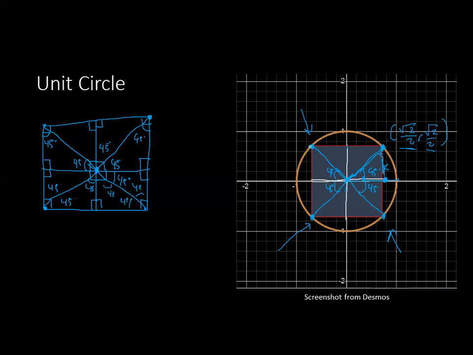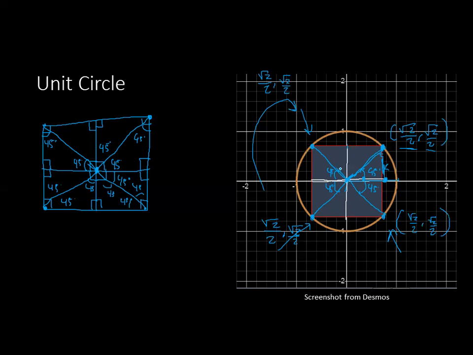Numerically speaking, they have the same coordinates, but the only difference is the signs. So that means we can have square root of 2 all over 2, square root of 2 all over 2. And here it's the same, square root of 2 all over 2. And the same thing here as well. What we're only going to change is the signs.